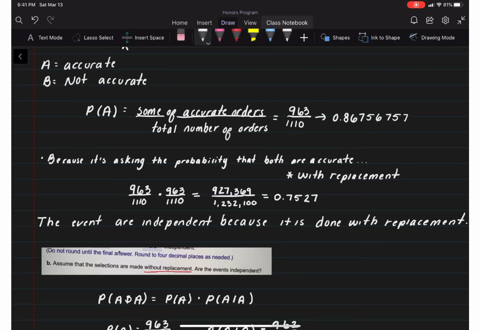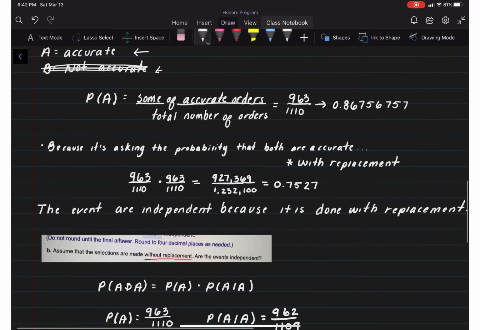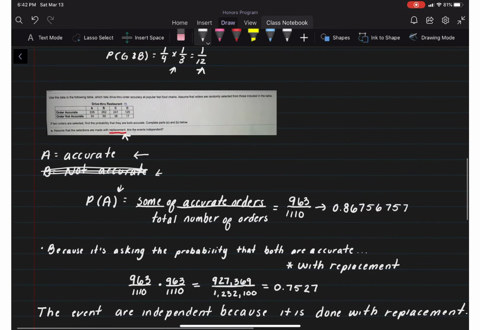So let's say A equals accurate and B is going to equal not accurate. This is actually not important. Don't worry about this. A equals accurate. So we're going to say, since we are using with replacement, we're going to say that the probability of A equals the sum of the accurate orders, so all of these, over the total number of orders.